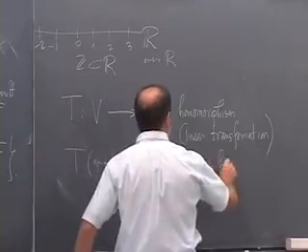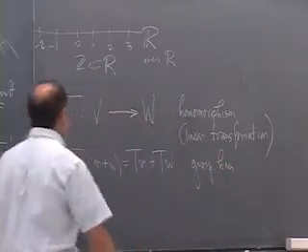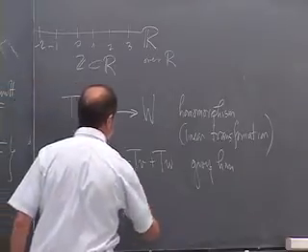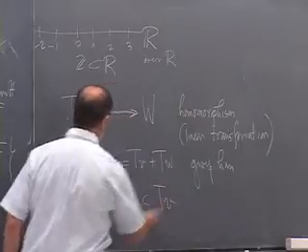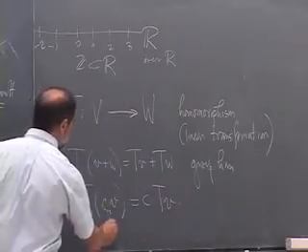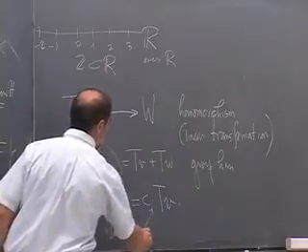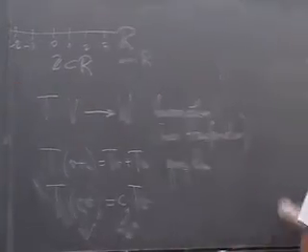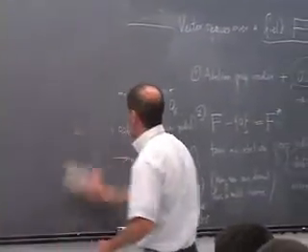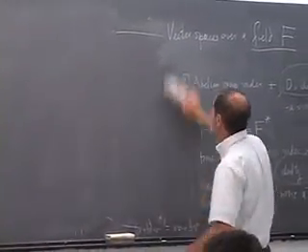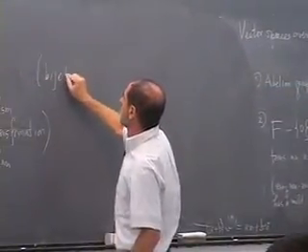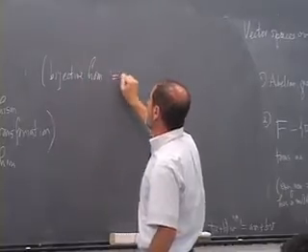Group hom takes the additive identity to the additive identity, takes inverses to inverses, and it commutes with scalar multiplication, where this scalar multiplication takes place in V, and this scalar multiplication takes place in W. So, just like a group homomorphism. Okay? If it's a linear transformation which is bijective, we say it's an isomorphism, just like we did for groups.